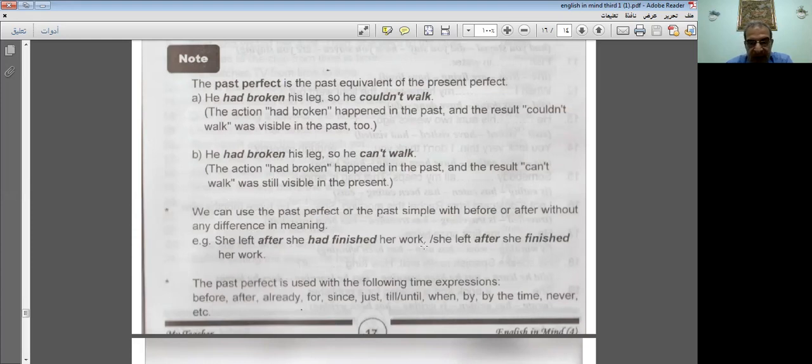You can say she left after she finished, but there is a little difference here: they followed immediately. The past perfect is used with the following time expressions, as you see: before, after, already, for, since, just, till, until, when, by or by the time, never, etc.